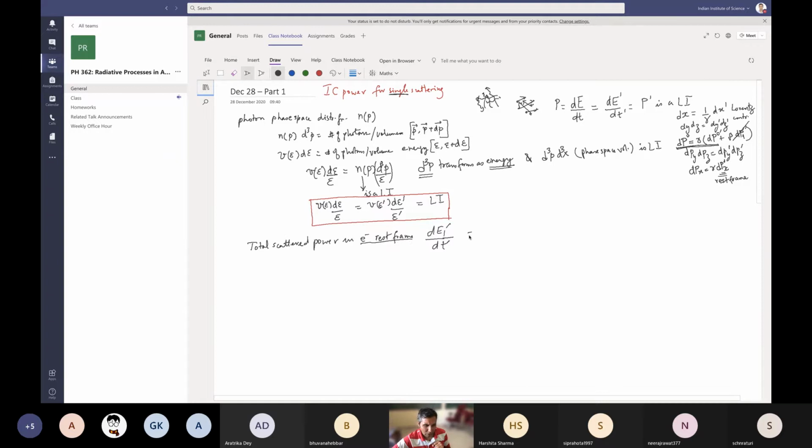That is equal to c sigma T epsilon 1 prime V prime.